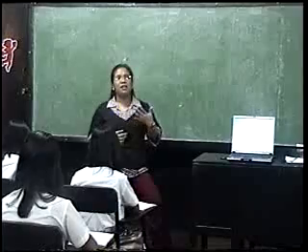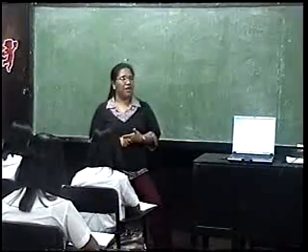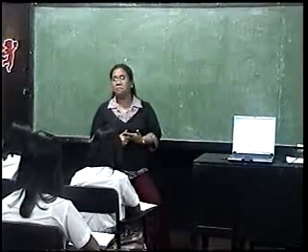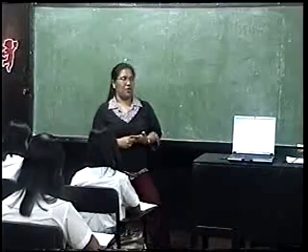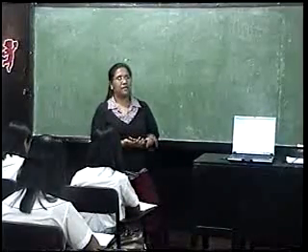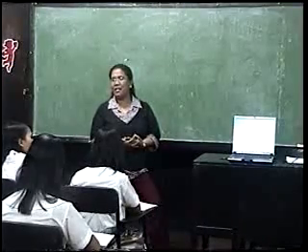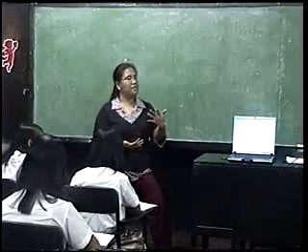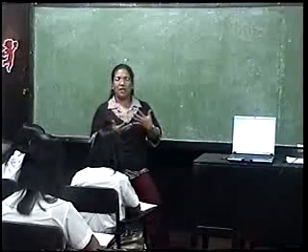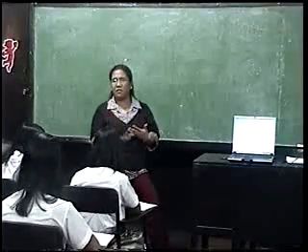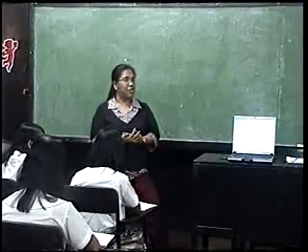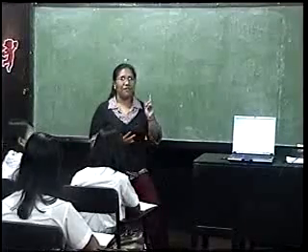Okay. The third theory of evolution is what we call Lamarck's theory. And who is the proponent of this theory? It is Jean-Baptiste Lamarck. According to Jean-Baptiste Lamarck, the change in an organism, the change in an individual, is due to adaptation to its environment.